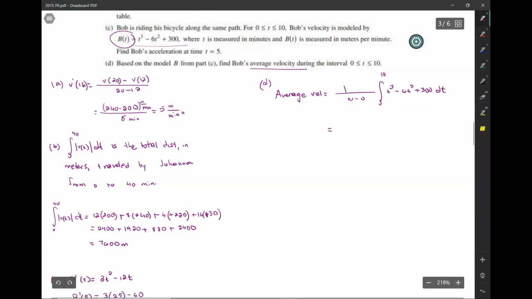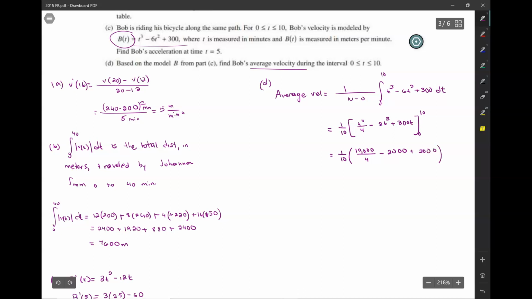So here, this is going to be 1 over 10. And let's take the integral here. t to the 4 over 4 minus 2t cubed plus 300t from 0 to 10. And thankfully, it's all multiples of 10, right? So 1 over 10. Here we have 10,000 over 4 minus 2,000 plus 3,000.